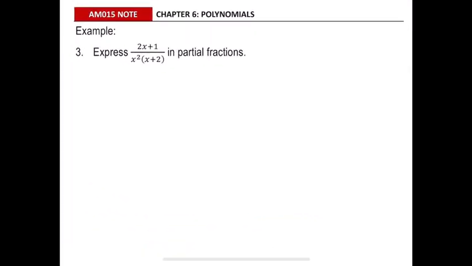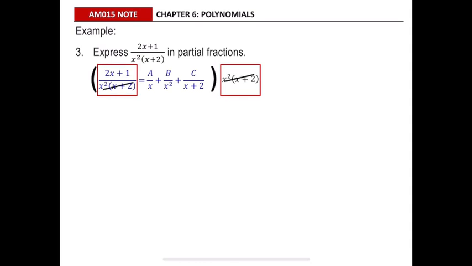This fraction also has two factors in the denominator. x squared is a repeating linear factor and (x + 2) is a non-repeating linear factor. So the fraction is decomposed as the sum of three partial fractions. Now multiply the whole equation with the denominator x squared multiplied by (x + 2). And as usual, we will multiply on the left side first, which leaves only 2x + 1.